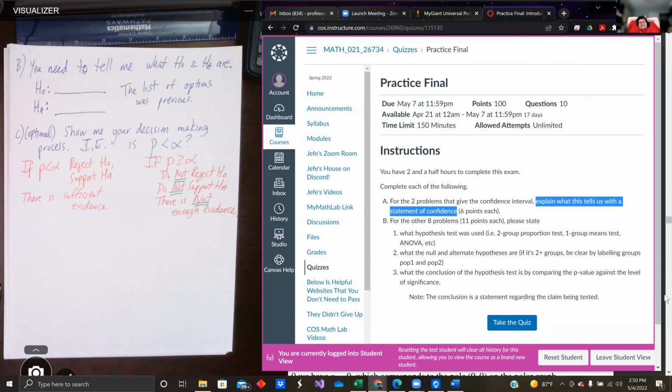But if your part D matches your part C, but your part C was wrong, if your D matches your C, your decision-making process, you'll still get some decent credit for that. It just means you screwed up part C. If I don't know what you chose, why you chose your conclusion, I have to put all the points on it.